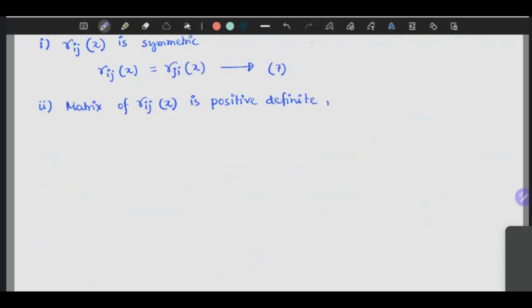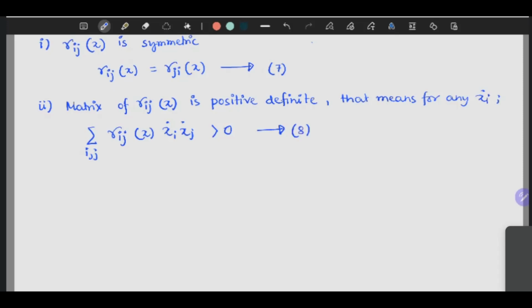That means for any xi dot, we always get gamma ij of x, xi dot, xj dot, added over i and j, will always be greater than 0. This is positive definite.